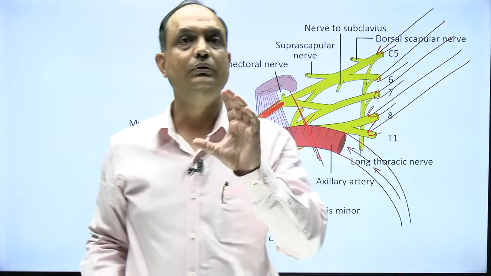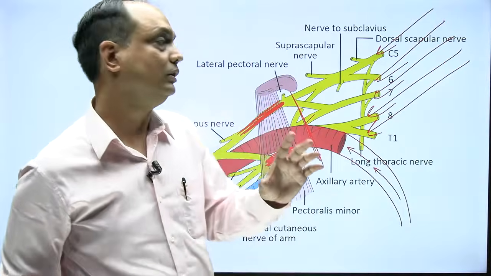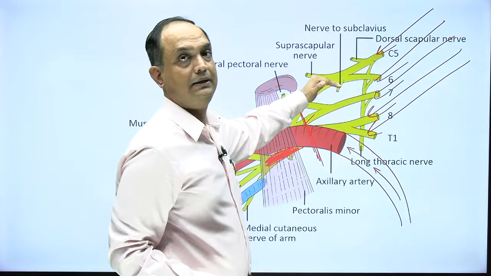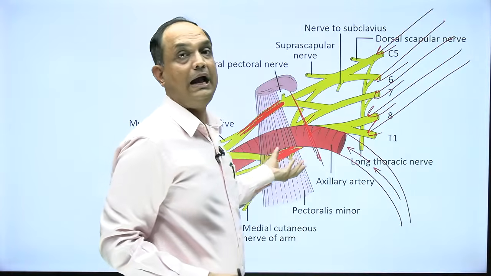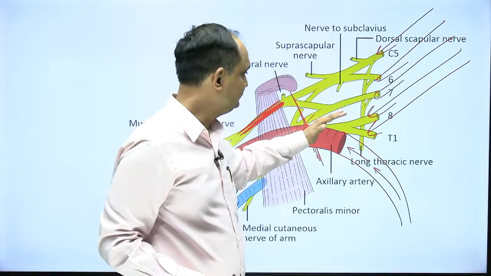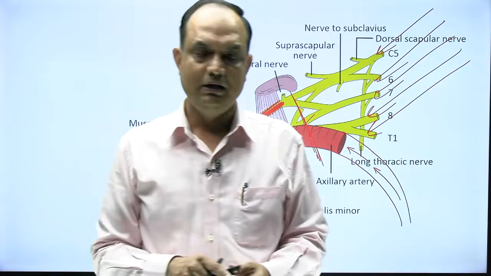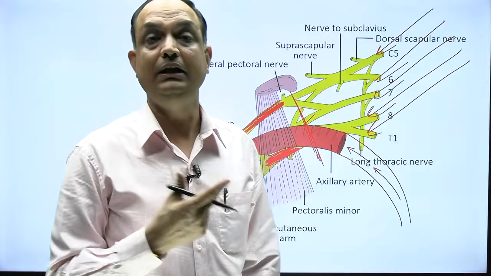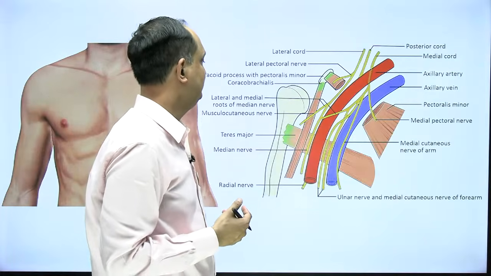So this is the important thing, that initially all the cords lie superiorly and gradually they will rearrange themselves, and the cord that comes from posterior to medial side is the medial cord.